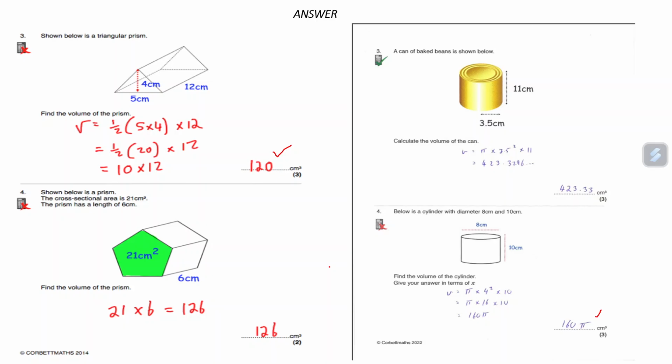So at this juncture, we've come to the concluding part of this. Remember, as mentioned earlier, we'll be looking at a different series of volumes of 3D shapes. The first one, we looked at the volume of cube and cuboid. What we just concluded is the volume of prism and cylinder.